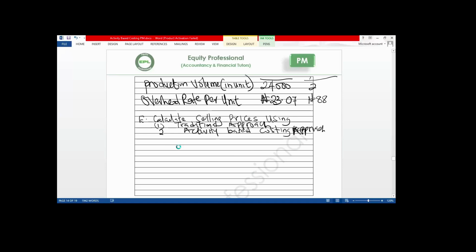I'll start with the first one. One, traditional approach.